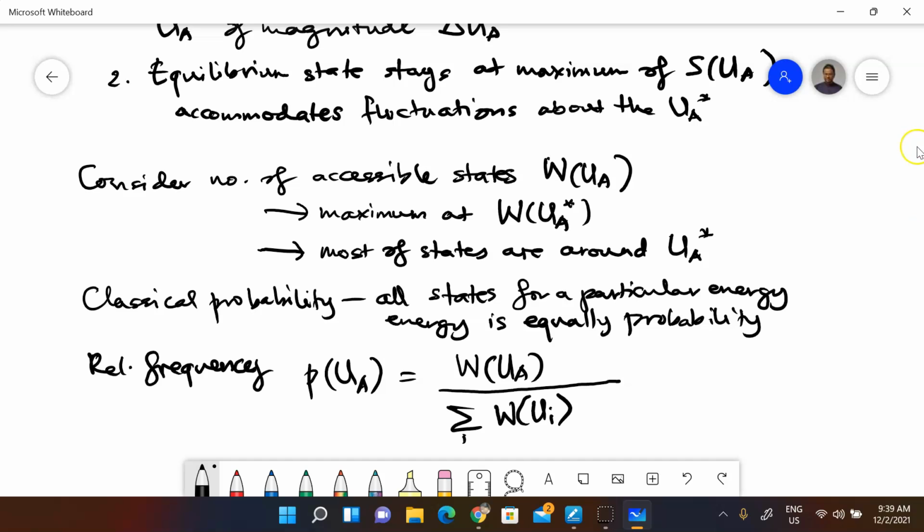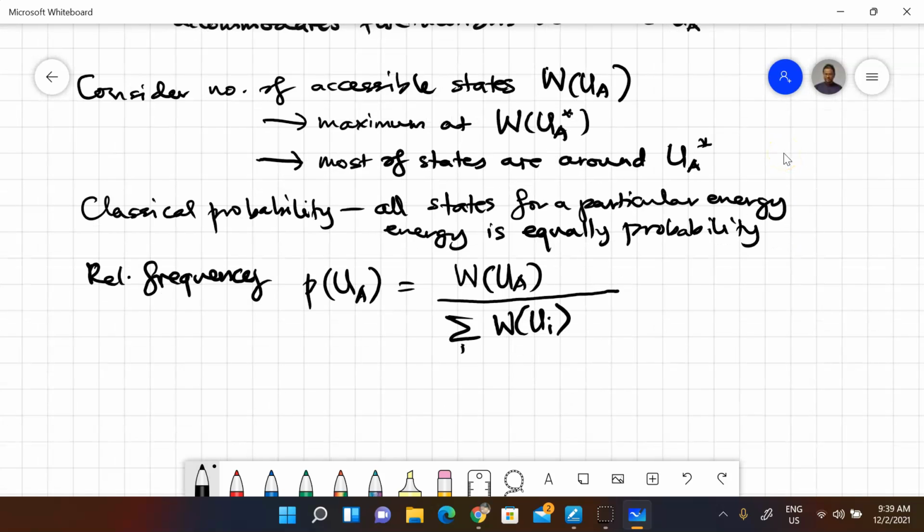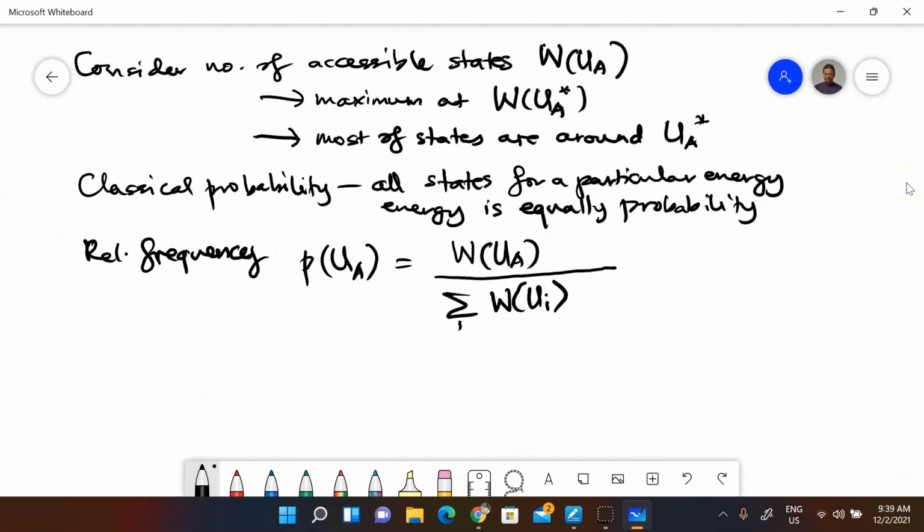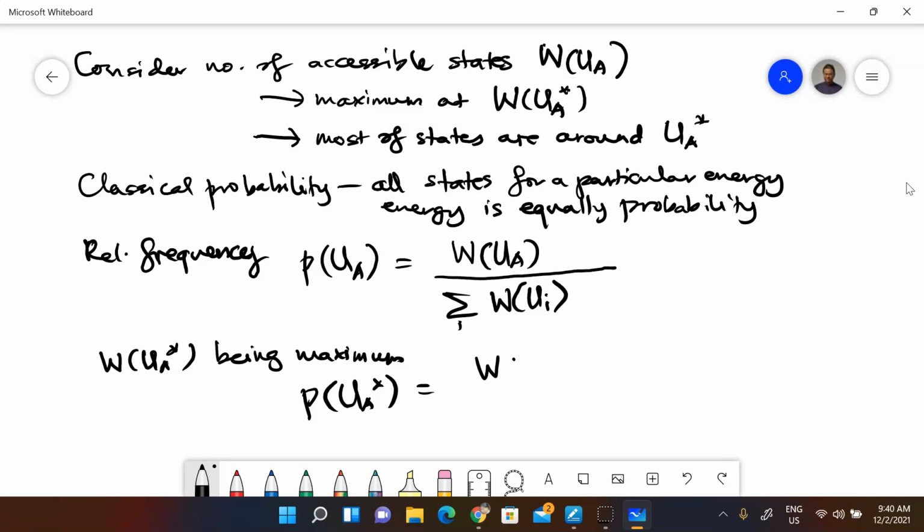Okay. But with W(UA star) being the maximum, one considers that this will also be the maximum.